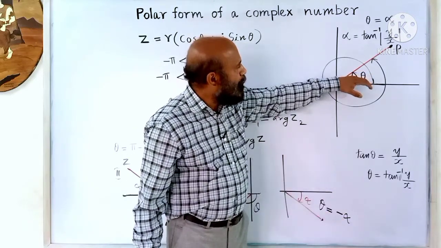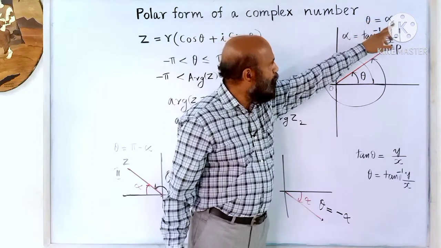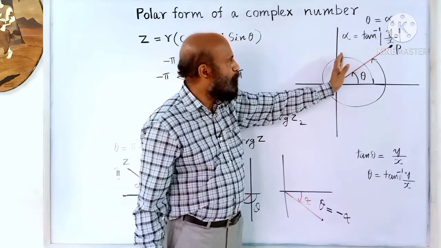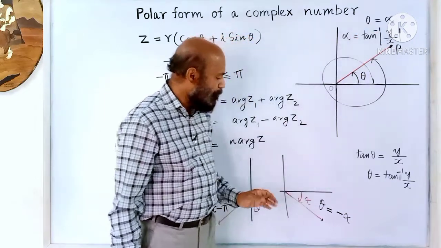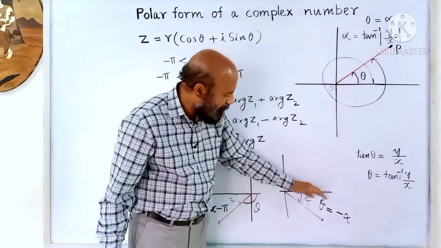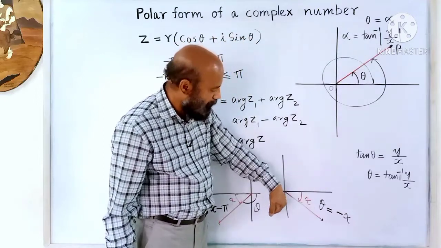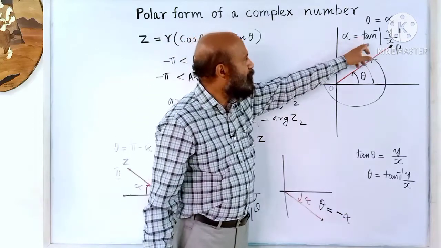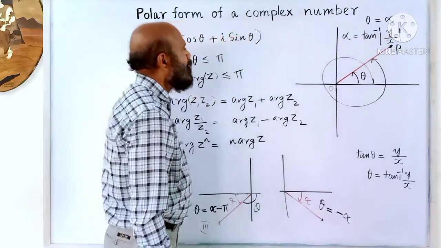You can see in the first quadrant, theta is alpha, that is, rotation is counterclockwise, so positive angle. Convention is, if it is counterclockwise, positive. Here it is clockwise, so theta is minus alpha, where alpha is tan inverse y by x.